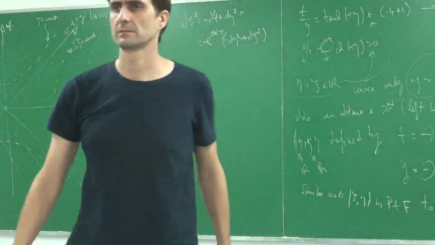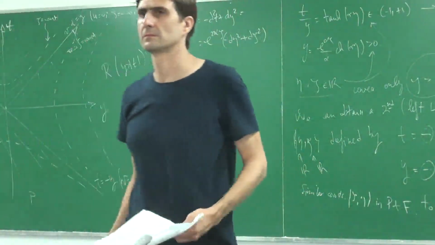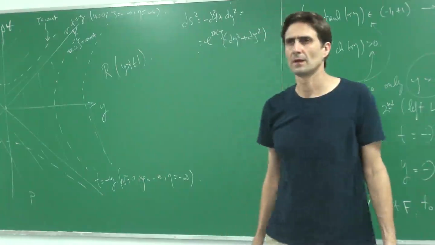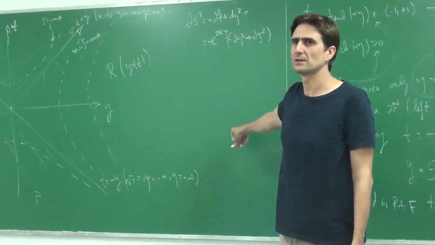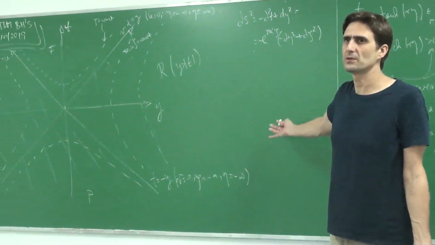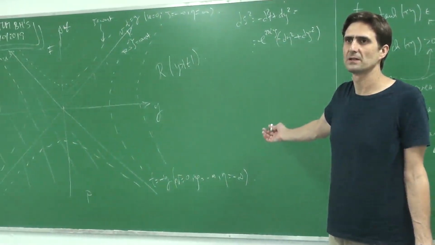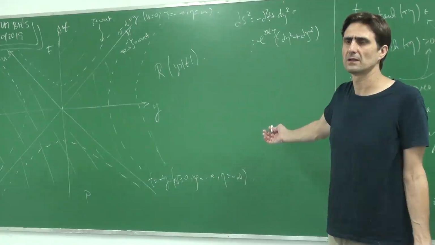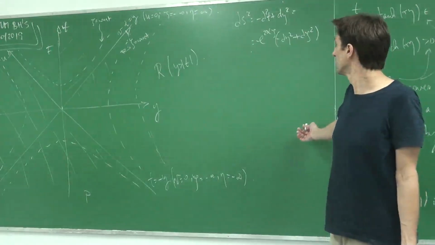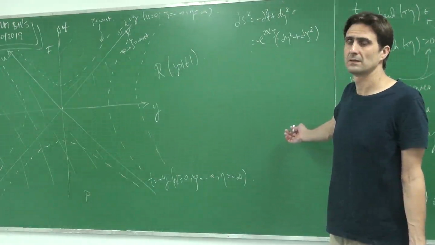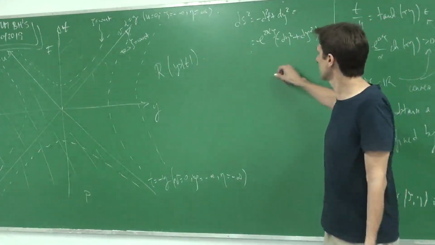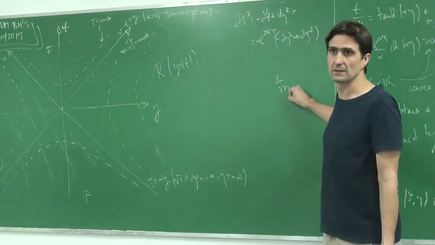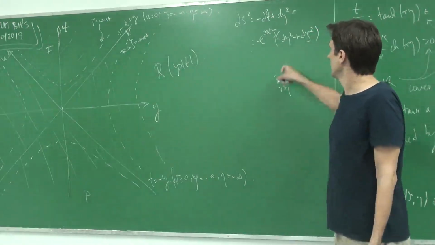At least one is d zeta, 1, 0. What's the vector? 1, 0. Which basis is this? The basis is zeta and eta. So 1, 0 means you mean d zeta and then? Yes. Okay. Any other ones?